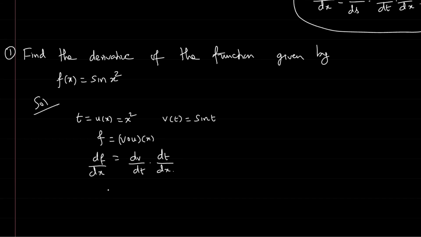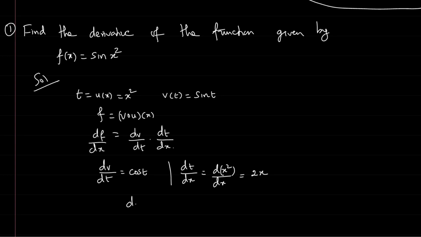Now, what is dv by dt? What is the differentiation of v with respect to t? Which is equal to the differentiation of sin t is cos t, and what is dt with respect to x? That is differentiation of x square with respect to x. So the differentiation of x square is 2x.